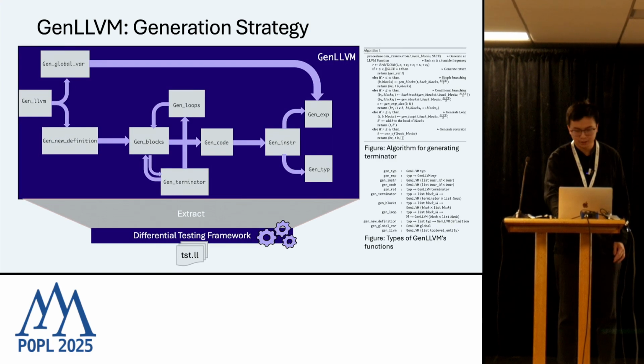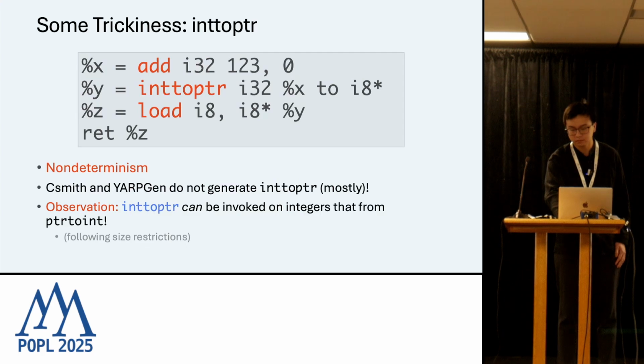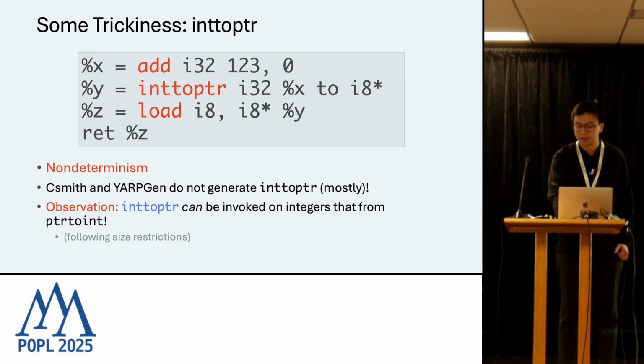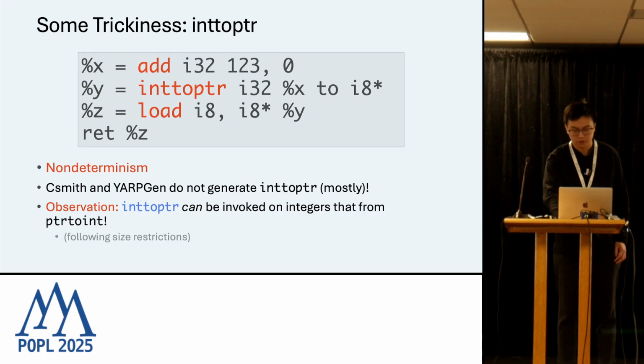Due to time constraints, here we briefly show the generation strategy of GenLLVM. This is fairly complicated and involves several mutually recursive functions to ensure expressiveness as well as ensuring well-formedness, for instance, when generating loops. As an example of something that is tricky to generate, consider naively generating an int-to-pointer cast from an arbitrary integer.